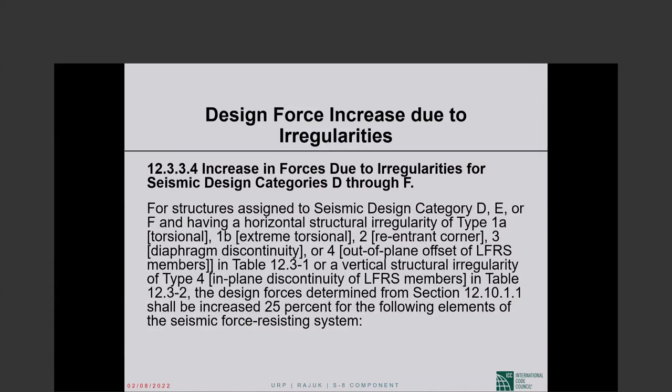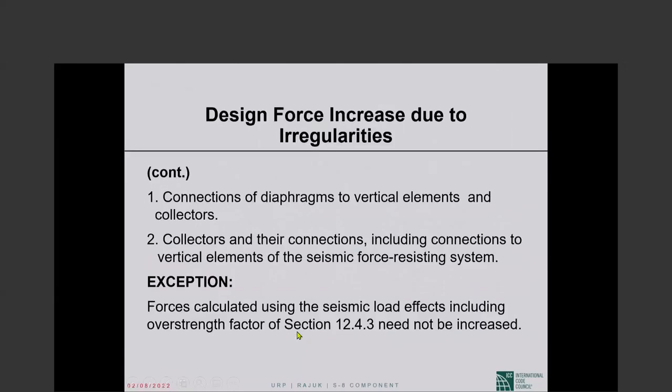So many times this section will be invoked. The design forces determined from section 12.10.1.1 shall be increased 25% for the following elements of the seismic force resisting system. Okay, this is what I wanted you to see.